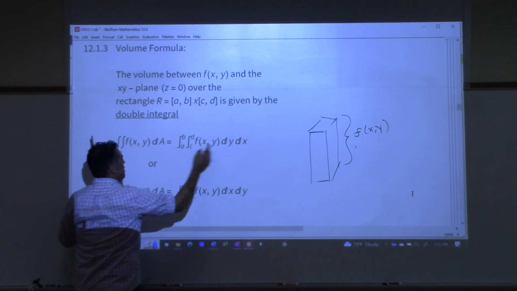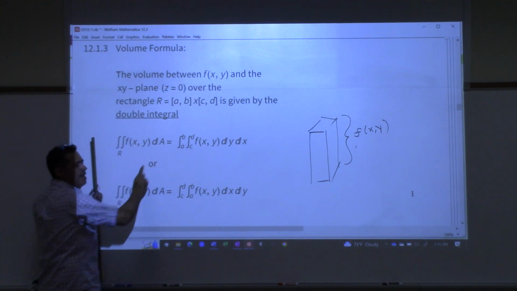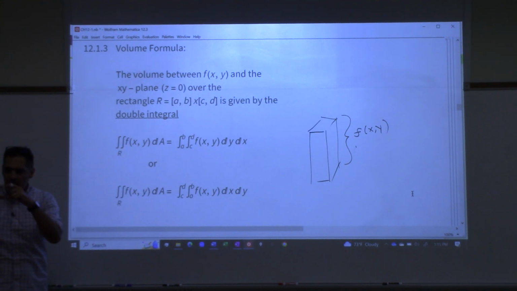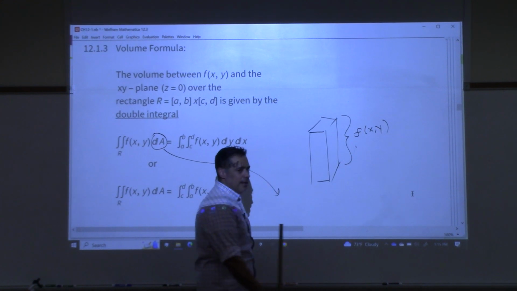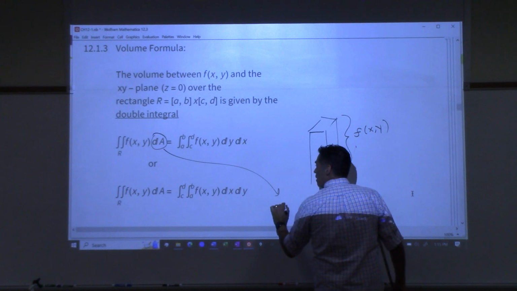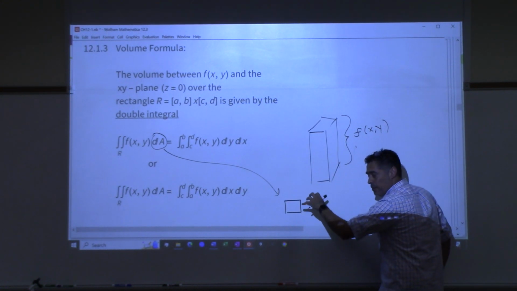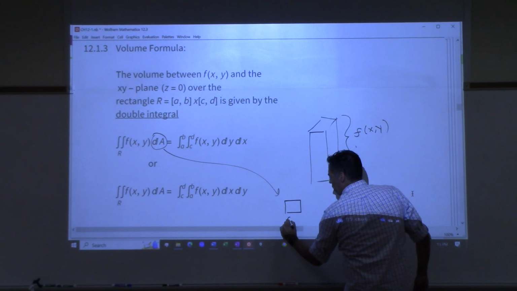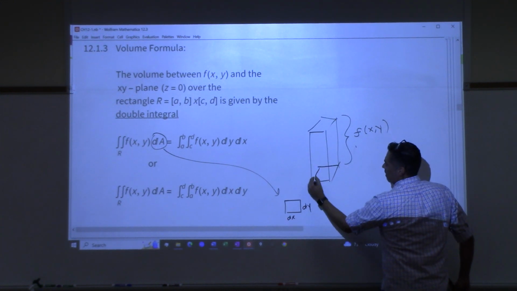Now notice here it says dA. Capital A here represents the area of that little box. So I want to point that out again, because later on this might be a vector field, so we need to know what the A is. The dA, that is that little box on the ground. Okay, that's the box on the ground where this side is dx, this side is dy. So we're talking about this piece right here.